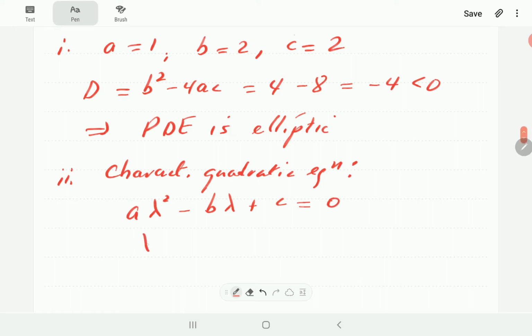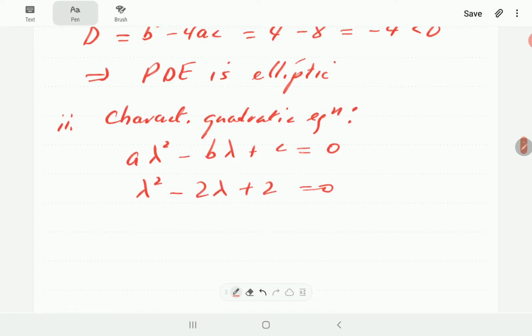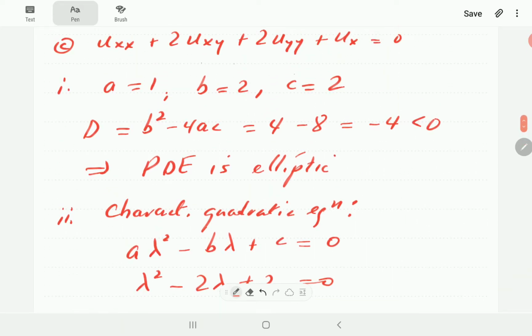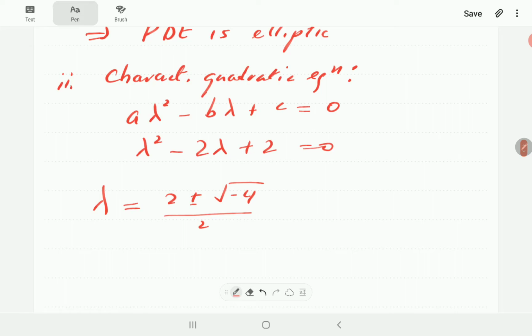In the present case, it's going to be lambda squared minus 2 lambda plus 2 equal to 0. If we solve this using the quadratic formula, it's going to be 2 plus or minus square root of negative 4. We already found that in part A. So this is going to be 2 plus or minus 2i over 2. So it's 1 plus or minus i.